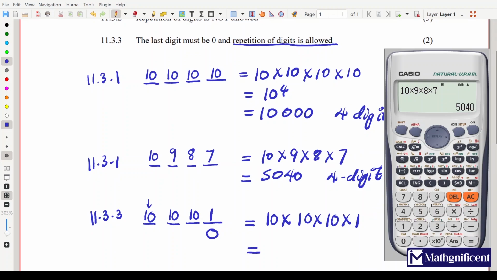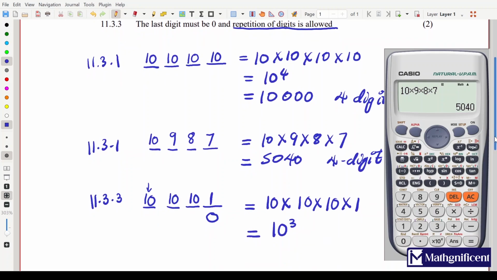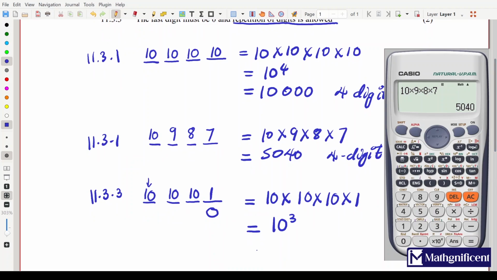So what do we have here? Remember that this is the same thing as saying 10 to the power of 3, right? So what do we know about 10 to the power of 3? This is 10 times 10, which is 100. Then 100 times 10 is going to be 1000.